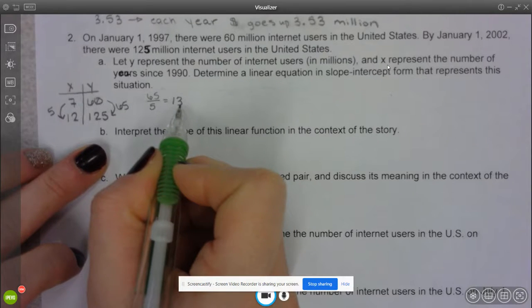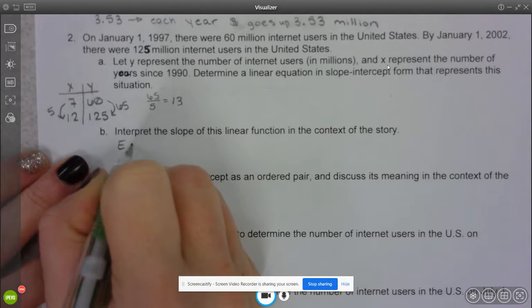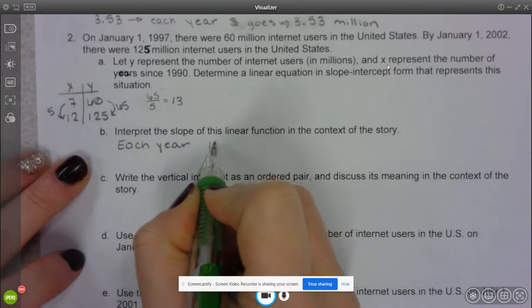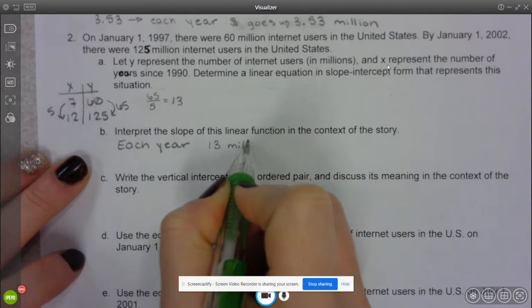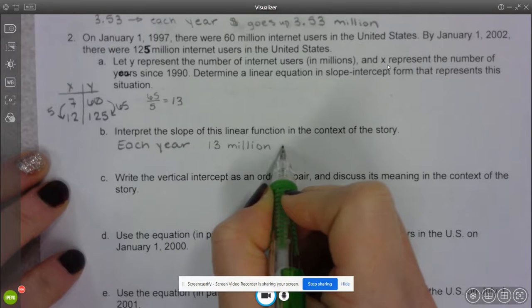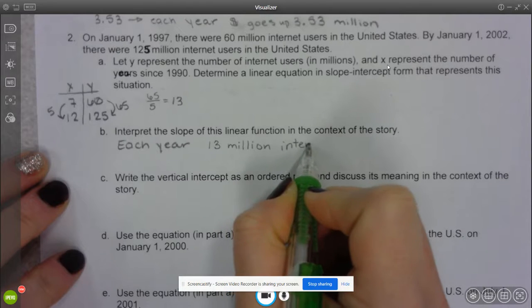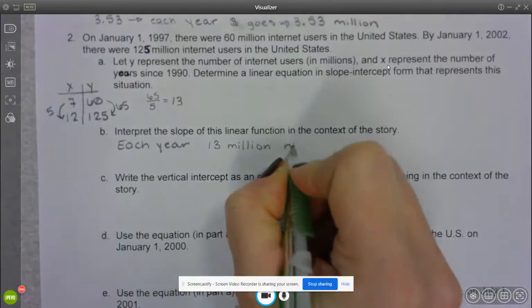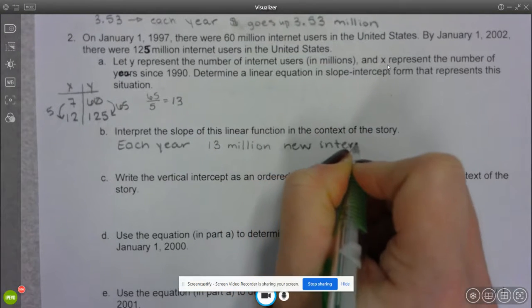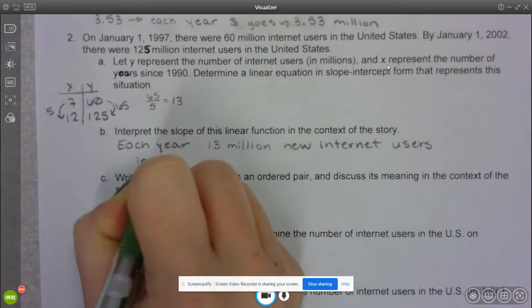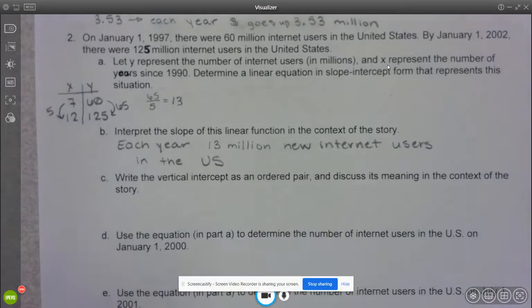So this means each year there were 13 million new internet users in the US.